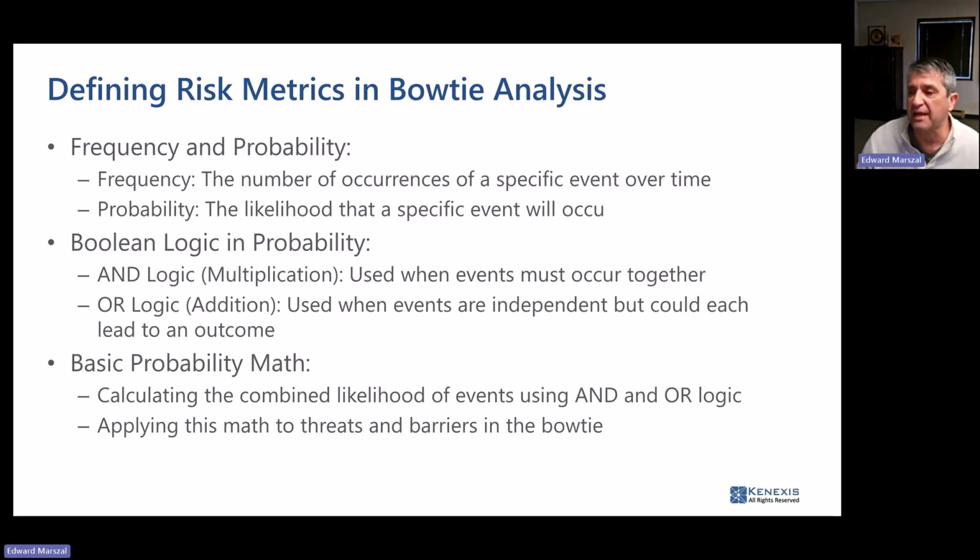So I might get a low flow if my pump fails or if my control valve fails to the closed position. Those events are independent of each other, but either one of those events can cause a flow to go low. And when you have a logical or, you use probability addition.